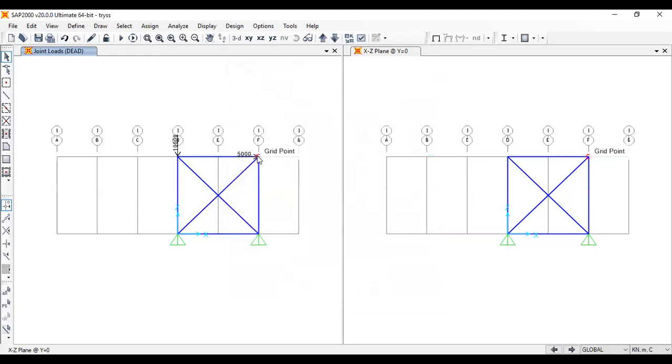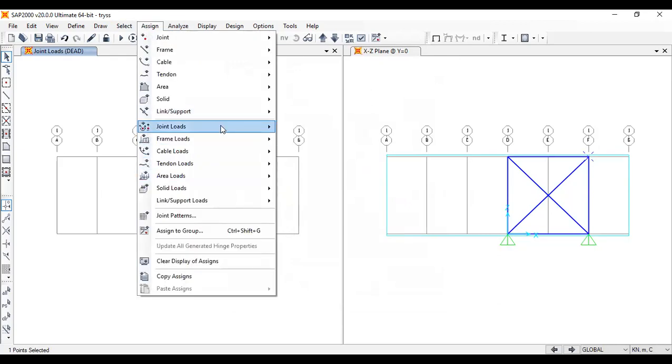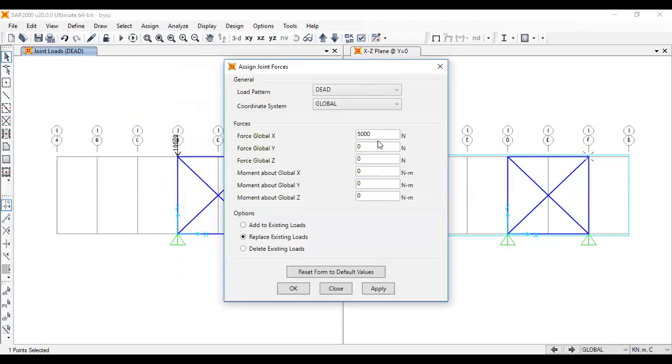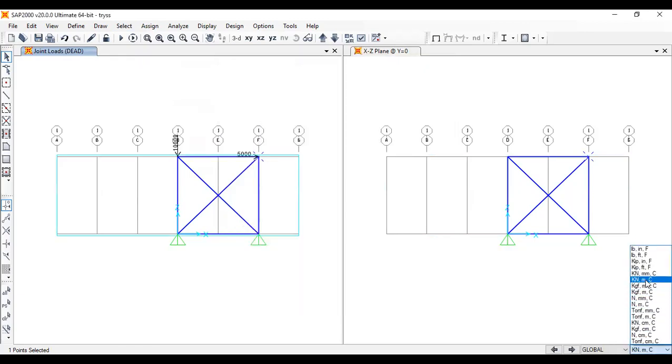Oh, sorry, it's kilonewtons, right? Newtons there. How can that be possible? My unit is, yes, now it's okay. 10 and 5, right? 10 and 5 there.